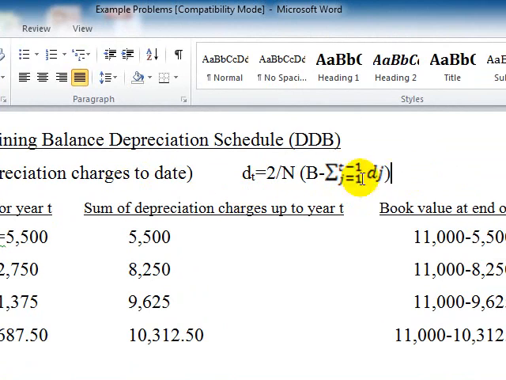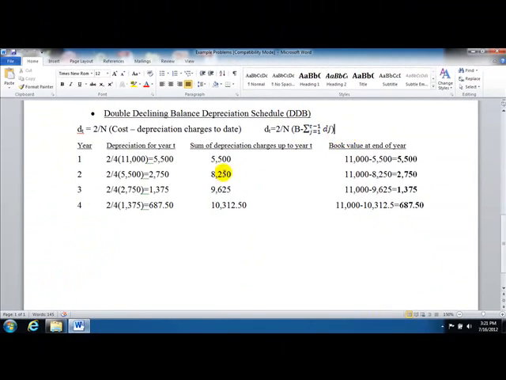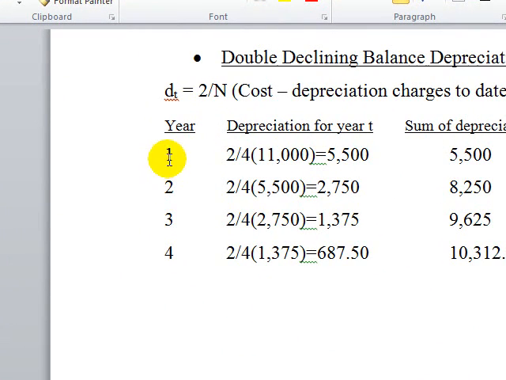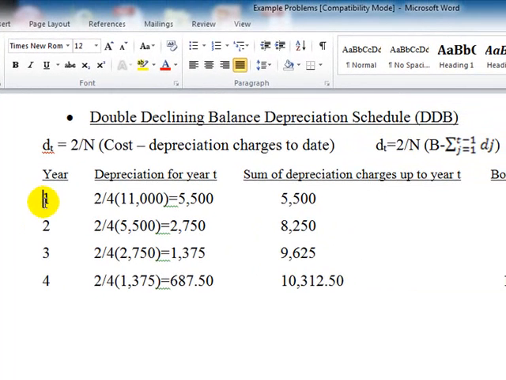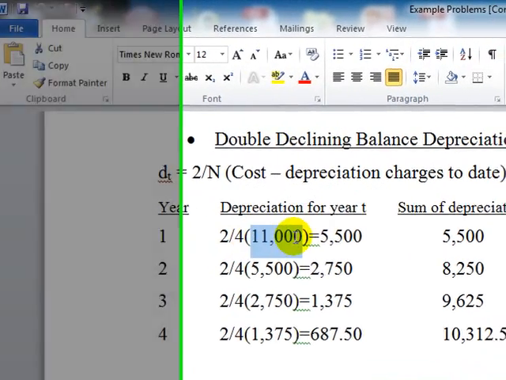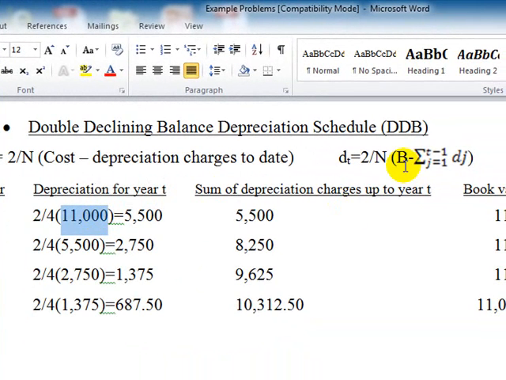So good, now we have the formula that we need. We can use that formula and calculate depreciation charges for each year. So starting with year 1, we use this formula, 2 divided by 4, right? B value is 11,000, minus the summation of depreciation charges.